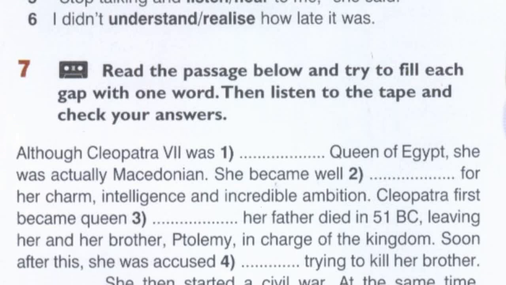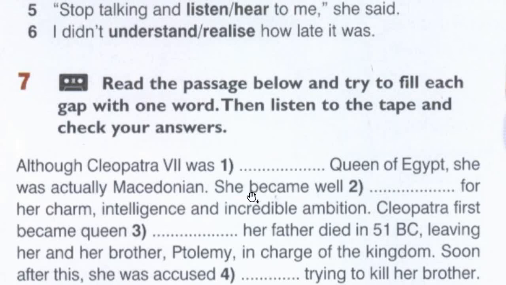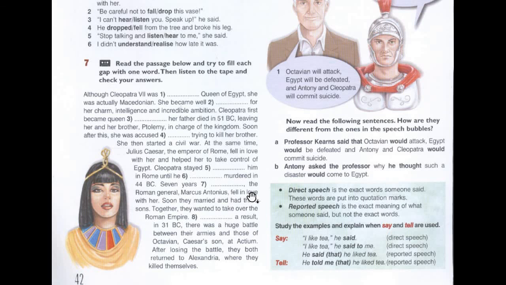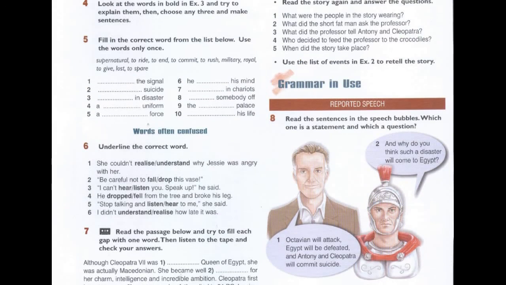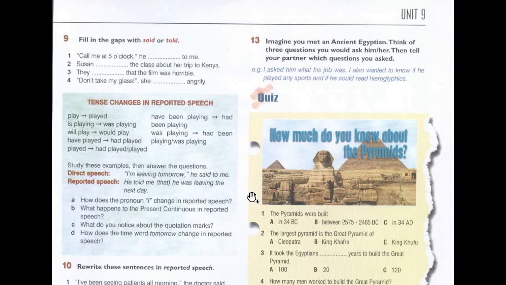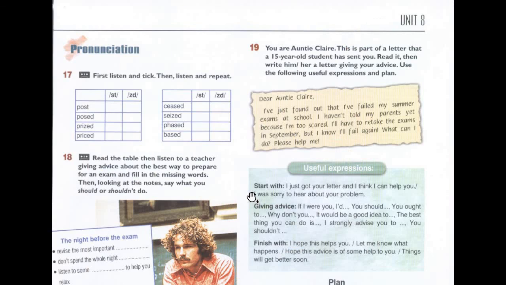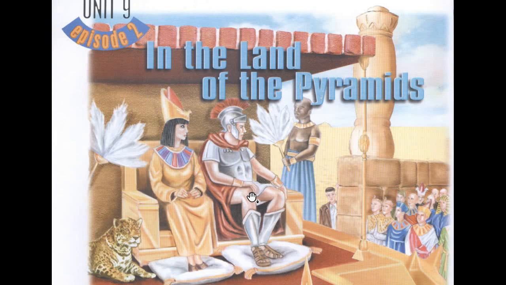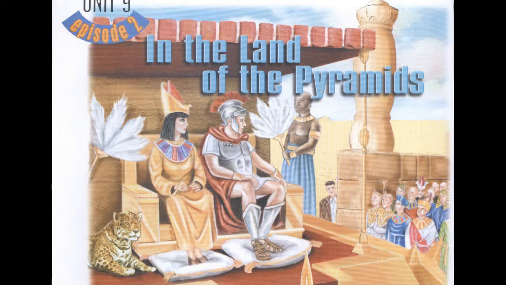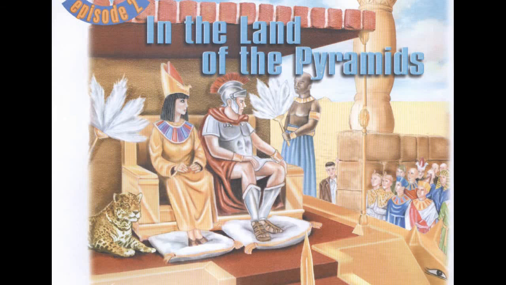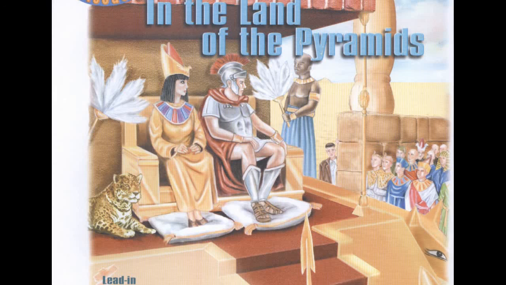Okay, exercise number 7. I want to see if we can do exercise number 7. Okay, no, that's enough. Let me just check the time. That's enough for you today. Today we started unit 9. It's about ancient Egypt. It was about history. Cleopatra and Marcus Antonius.